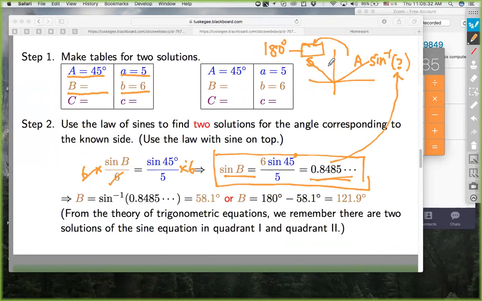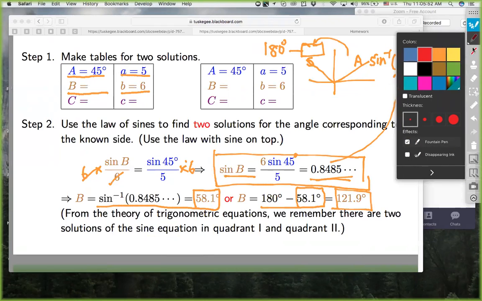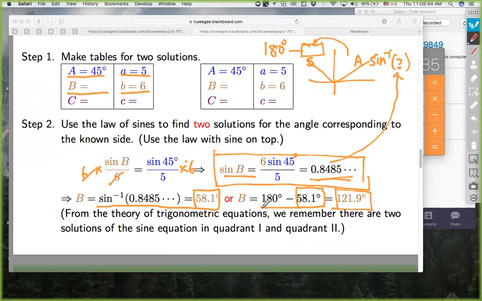So these are typical two solutions. When you take the sine inverse value, you get the first solution. So 58.1, that's one. For the second solution, you do 180 minus that angle. That's how you get two solutions.